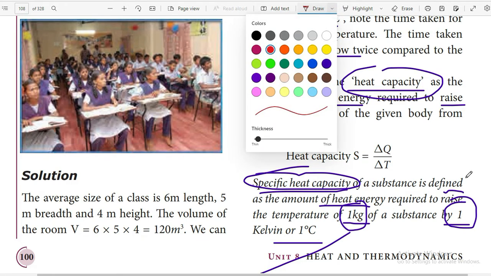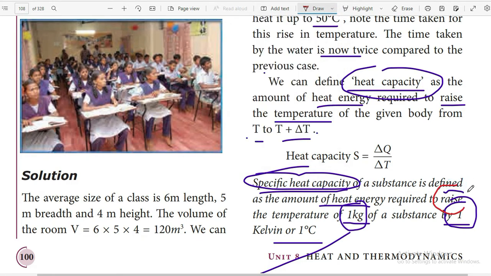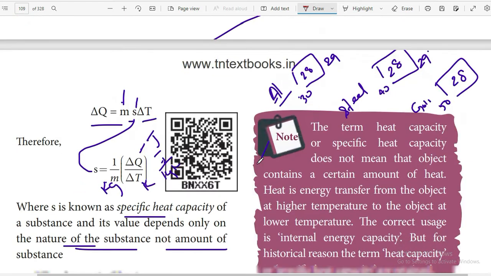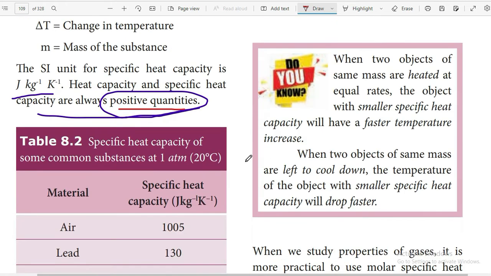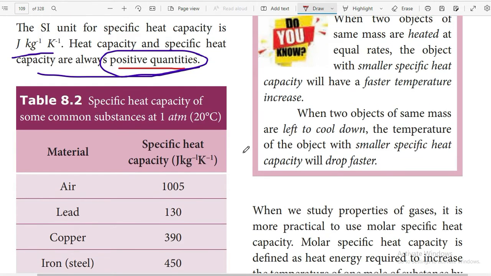We are only talking about the amount of heat energy required to raise the temperature, so here the temperature change is plus del T, which means the temperature is rising. We are not talking about negative quantities or the temperature getting reduced. All this can come as a 1 mark question.